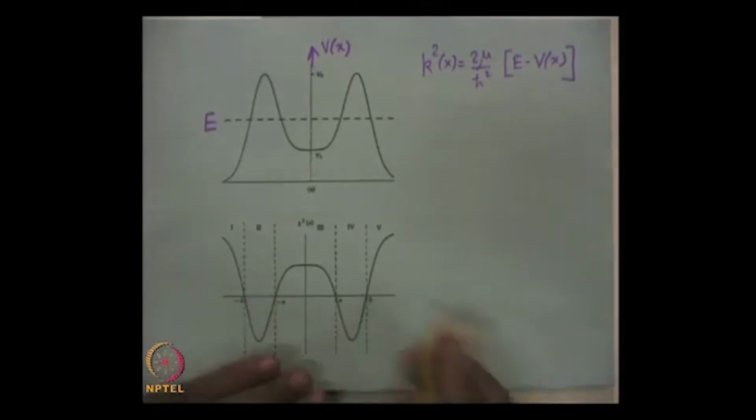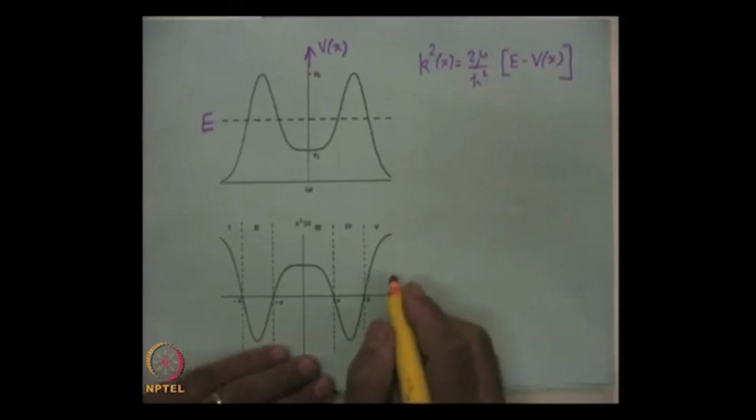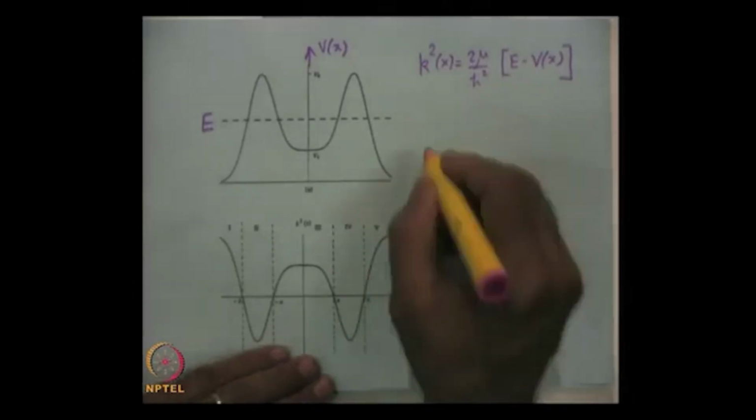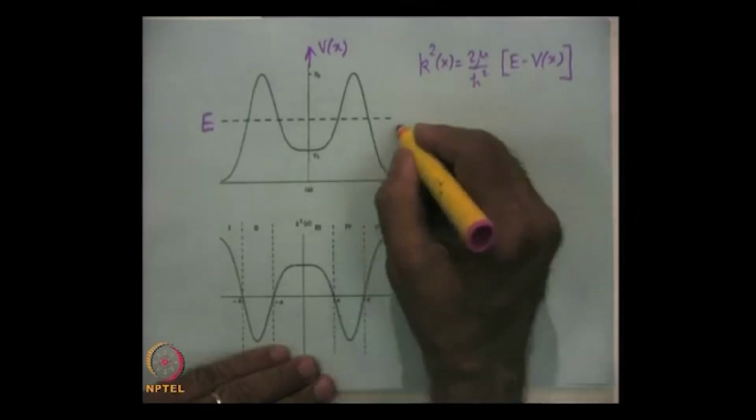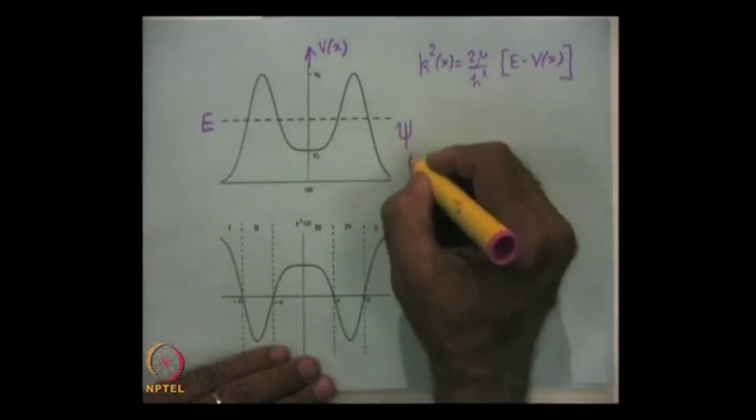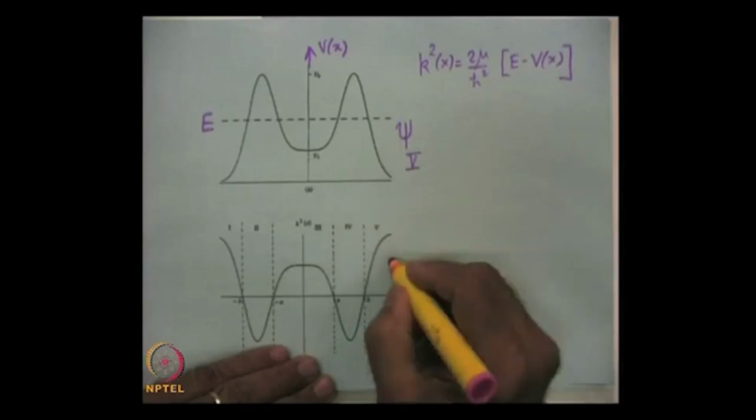Now, what we have to do is first start with the solution in region 5. So, psi in region 5 will be an outgoing wave.